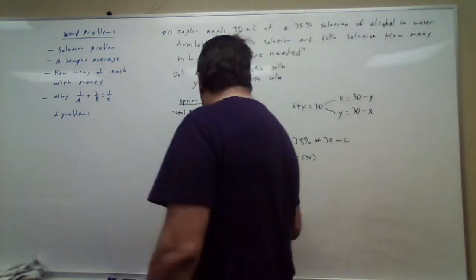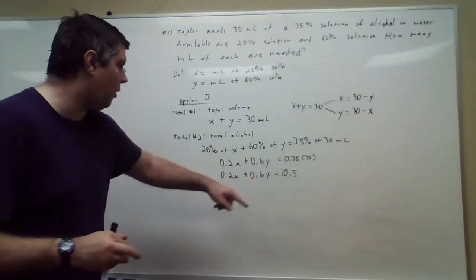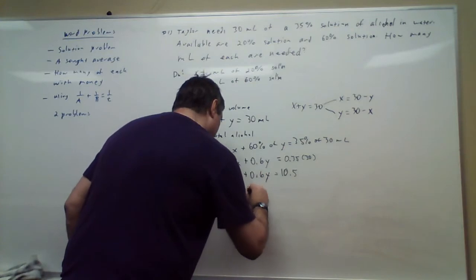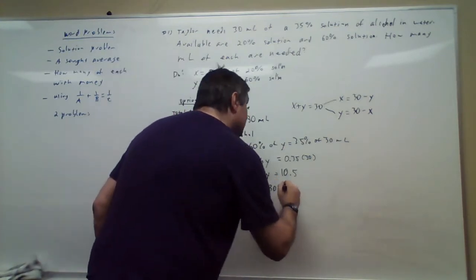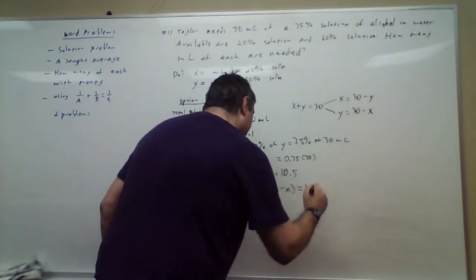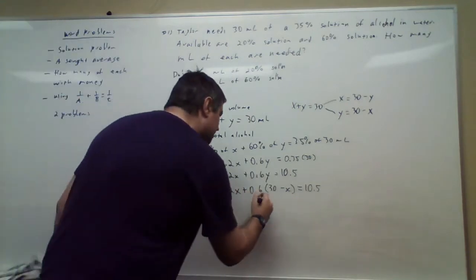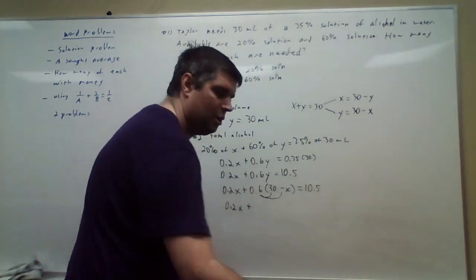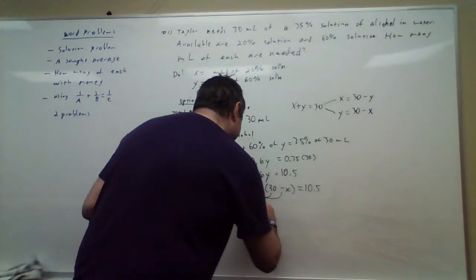On option A, I replaced X. Here on option B, I'm going to replace Y. So 30 minus X equals 10.5. Okay? So this is going to distribute. This is going to be 0.2X plus, well, 0.6 times 30, 18.